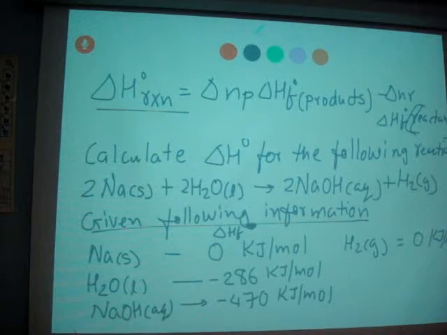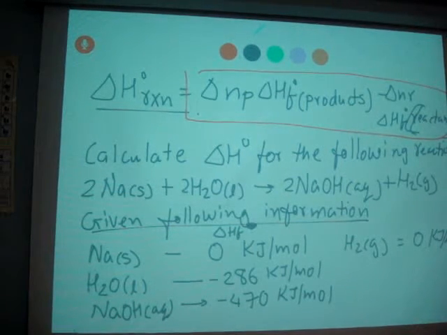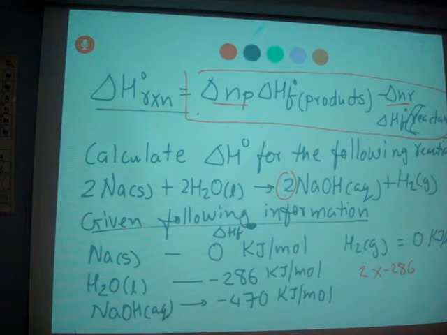Now remember, we need to follow this equation, right? For the products, we have 2 moles of NaOH, so we take 2 times its enthalpy of formation, because we have 2 moles: number of moles of product times its enthalpy of formation.